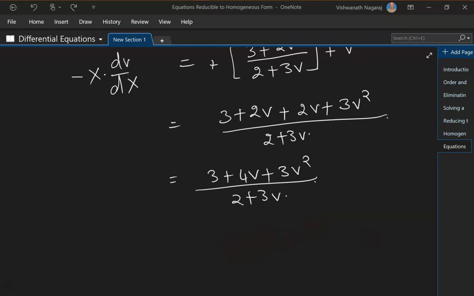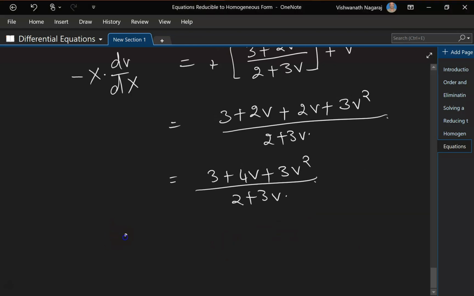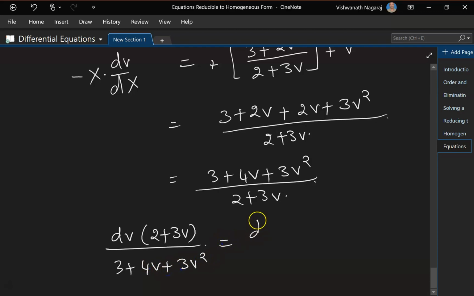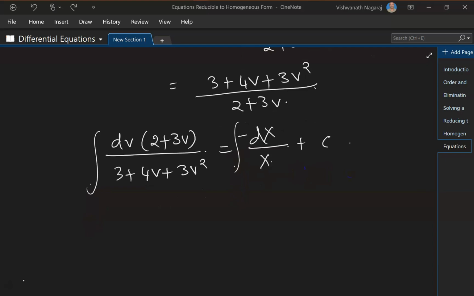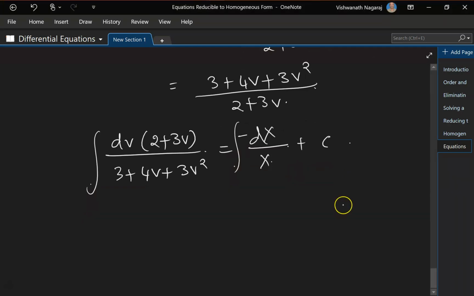Now let's separate the variables. So dv is there times 2 plus 3v by 3 plus 4v plus 3v square is equal to dx by x. Let this be here minus. Okay, so now integrate plus c. Now let's see what happens if we differentiate this 3v square plus 4v plus 3. If we differentiate, we get 6v plus 4.